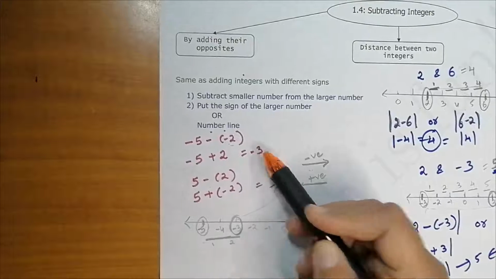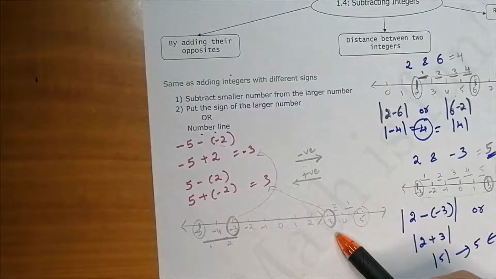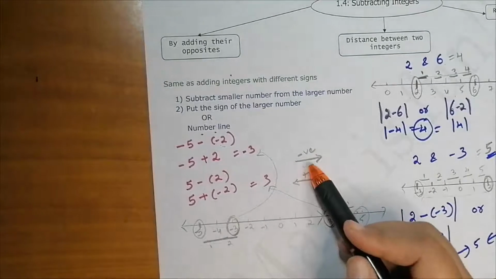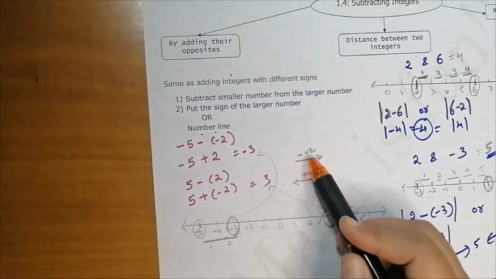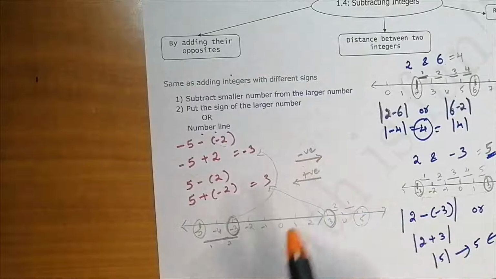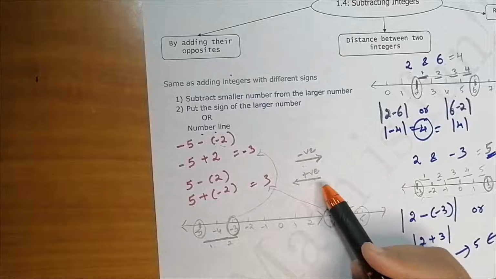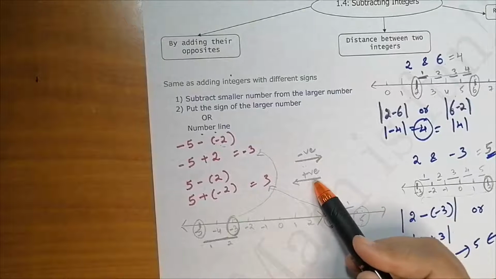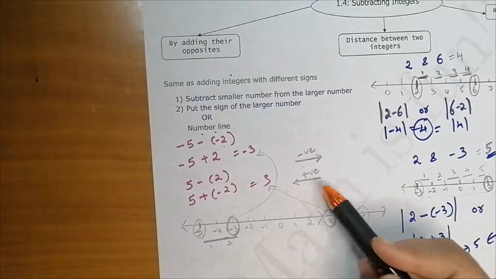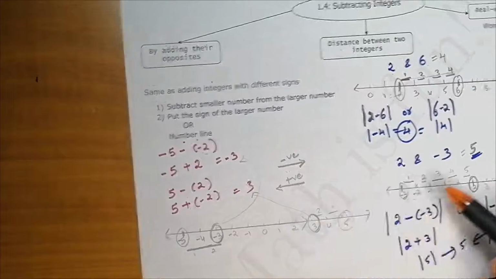So that's how you do it. Or you do it on the number line. But remember, on the number line, when you are subtracting a negative number, you go to the right, okay? And when you are subtracting a positive number, you go to the left.